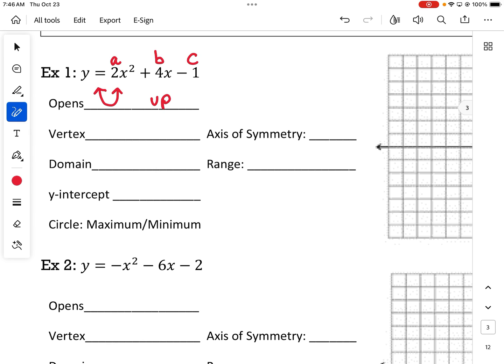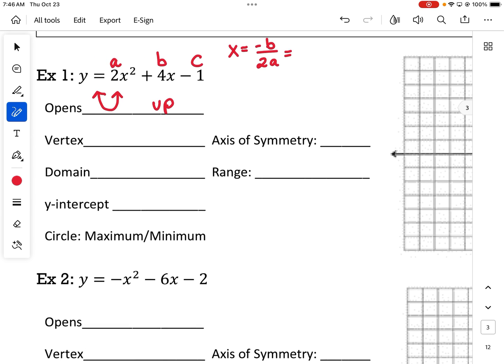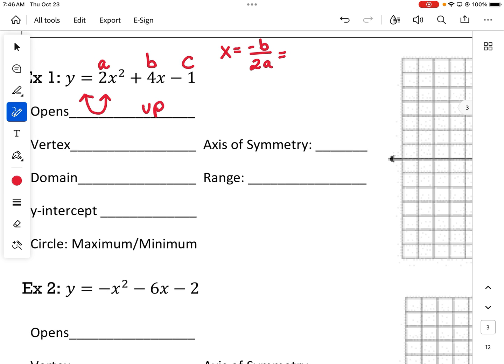Okay, the vertex is found by doing that negative b over 2a. So I'm going to use this little space here. X equals negative b over 2a to do the work. We're going to plug it into that formula. So x equals negative, which is part of the formula, and then b is positive 4.